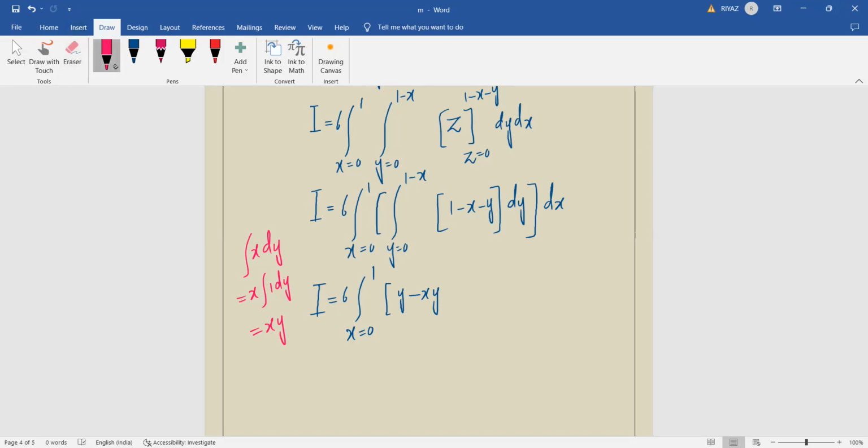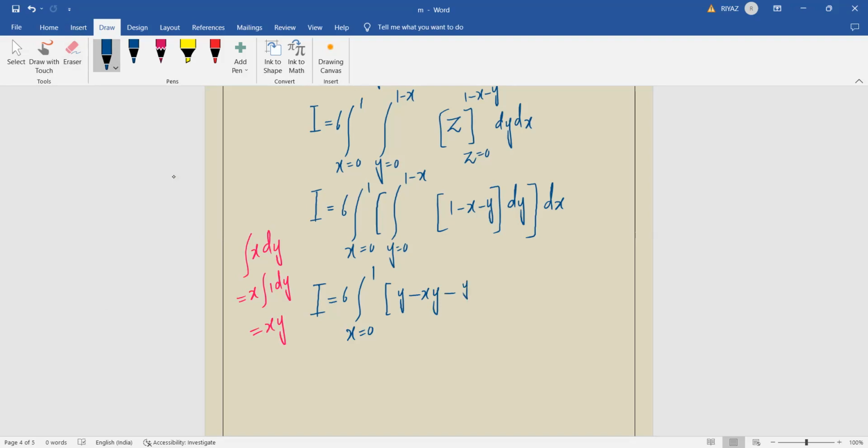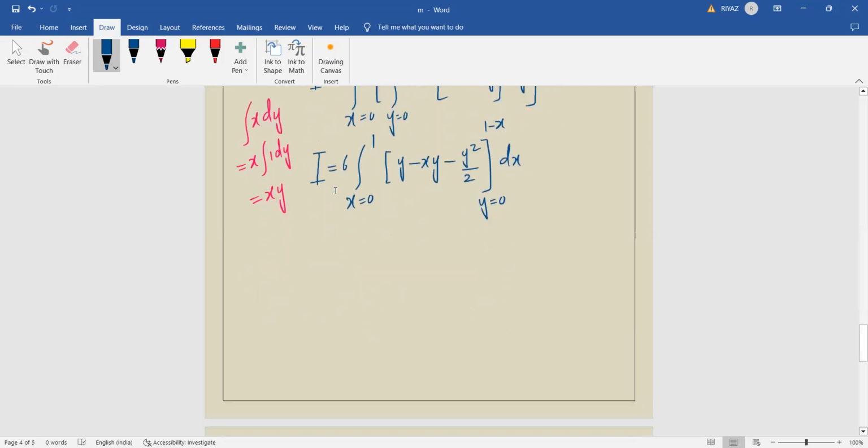Now minus for y: y means y power 1, so y square by 2. Their limits are y from 0 to 1 minus x, into dx. Now substitute the limits in place of y. I is equal to 6 times x from 0 to 1.